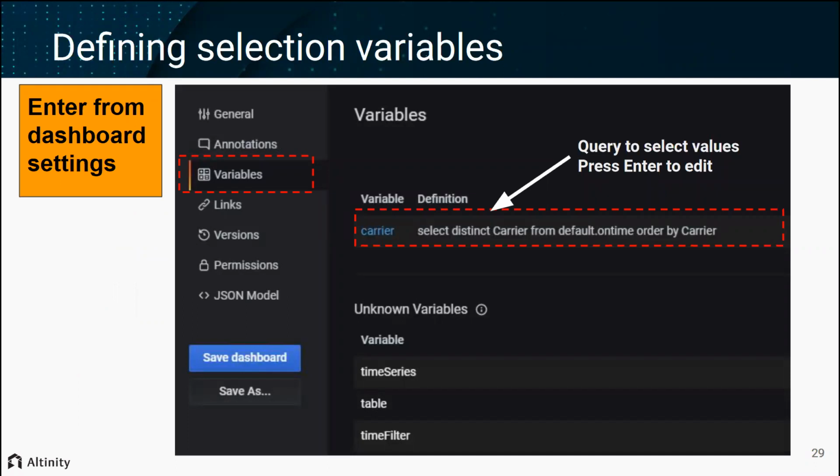Another thing that's pretty cool is selection variables. So selection variables give us the ability to have selectors at the top of the dashboard. And for example, we've defined one that allows us to pick a particular carrier and zero in on the information associated with that airline carrier. So this is the editor. You can actually click on it when you're in there, and you can get much more detailed editing.